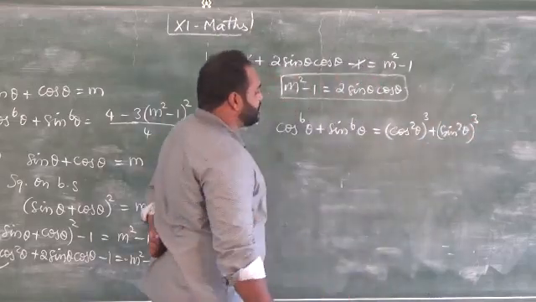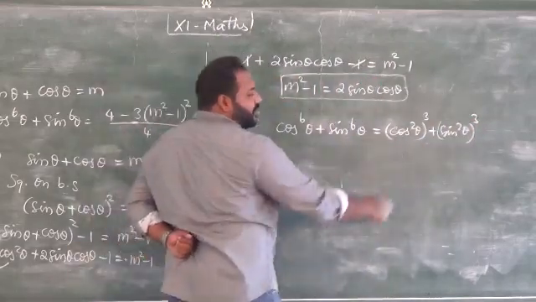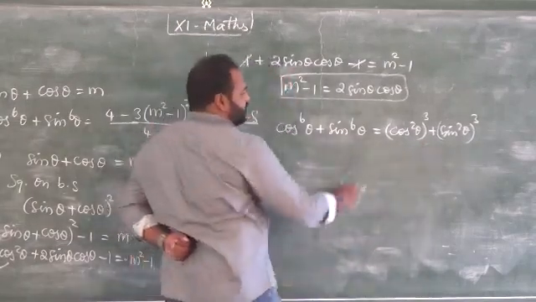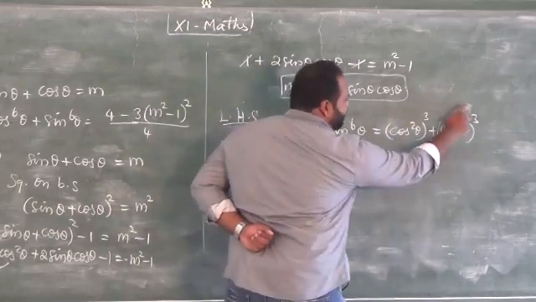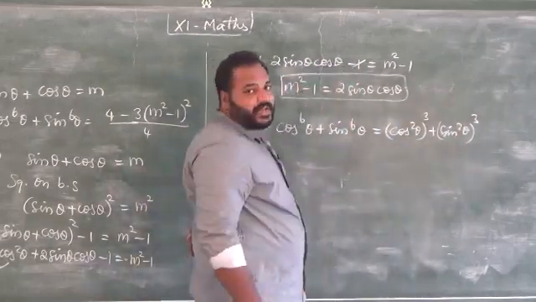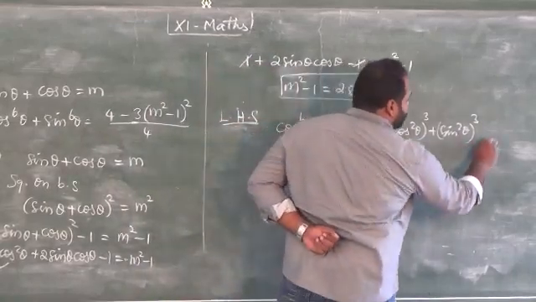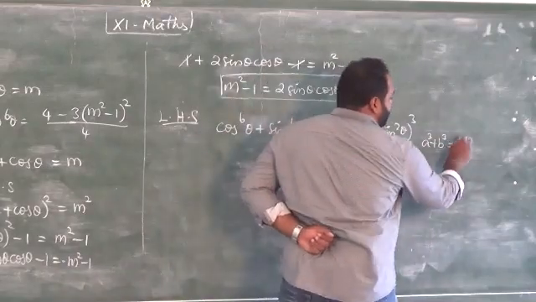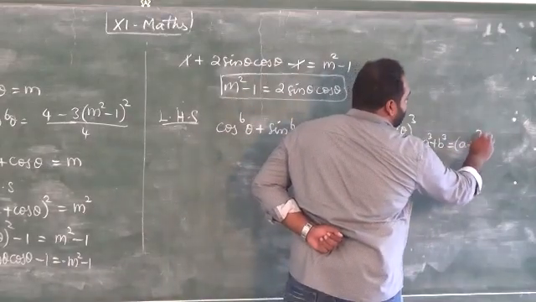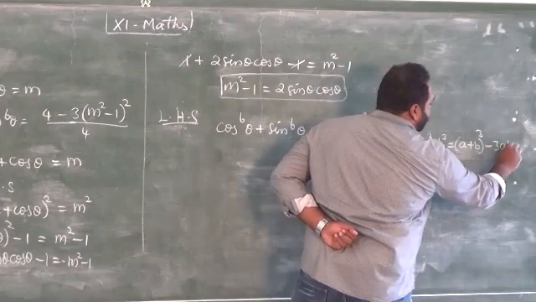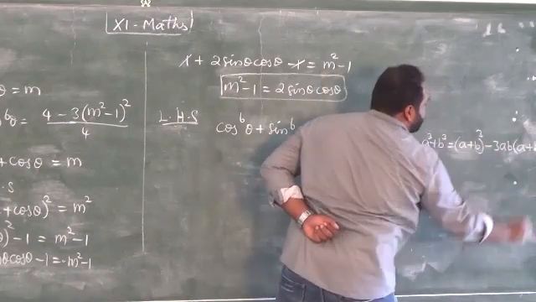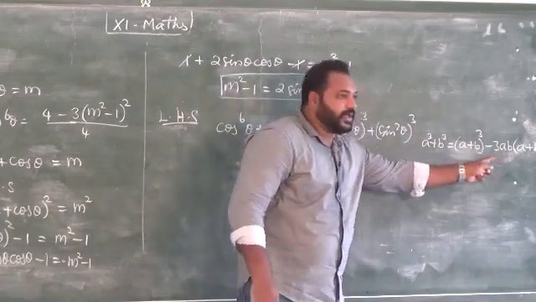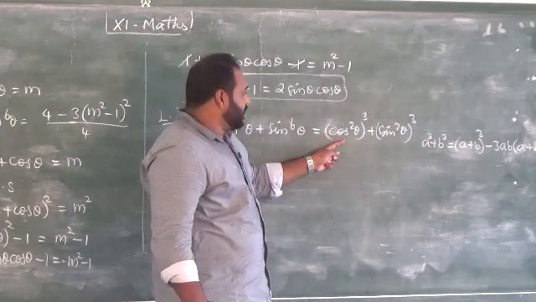So cos power 6 can be written as cos square power 3, and sin power 6 as sin square power 3. Here we can remember the formula for a cube plus b cube: (a plus b) whole cube minus 3ab into (a plus b). I am going to use this formula to expand these terms.